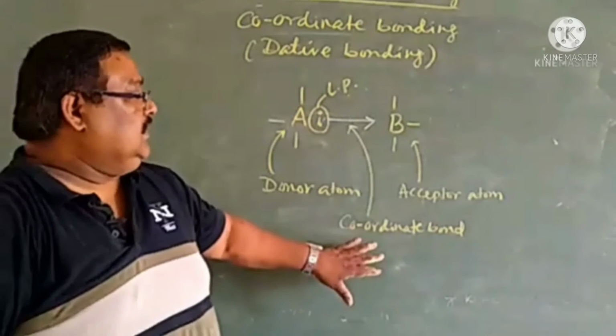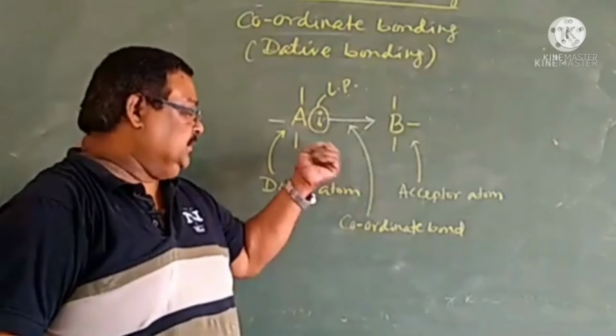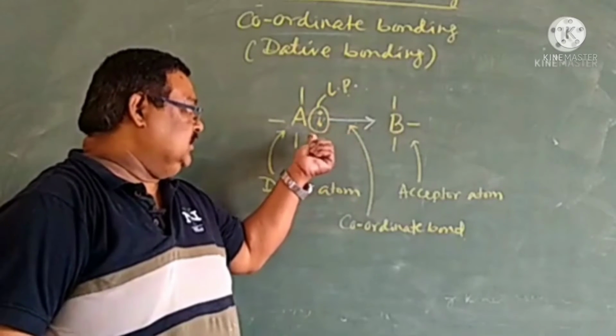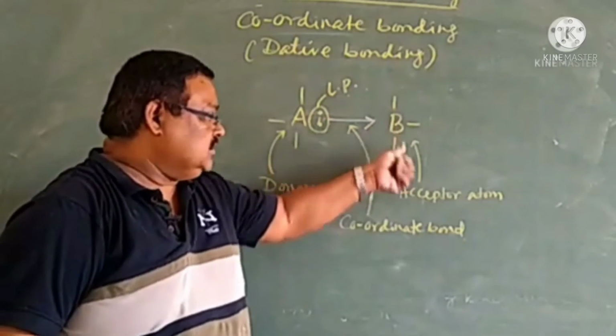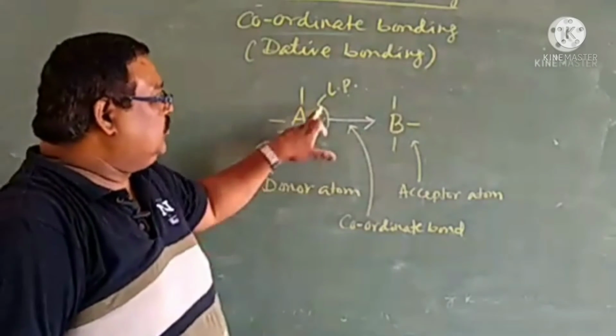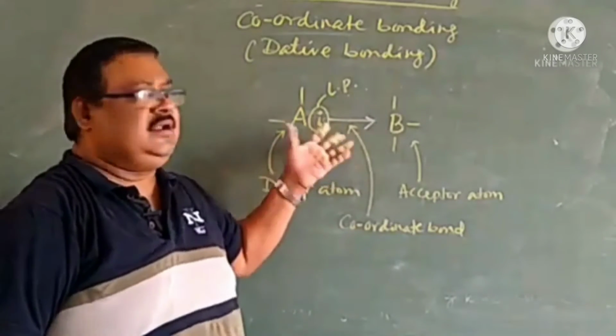Now coordinate bond is represented by an arrow mark, the tail of which points towards the donor atom and the head points towards the acceptor atom. So here both the electrons belong to one atom, but are shared by both the atoms.